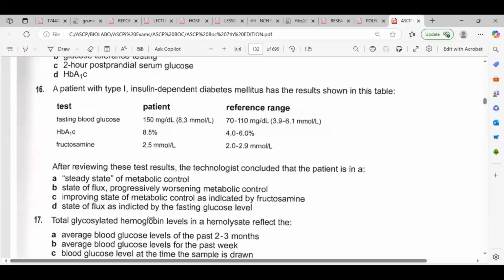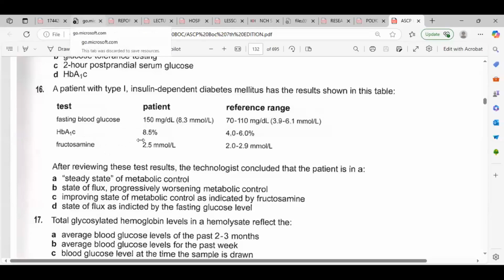Improving because why? Why do we say it is not steady but improving? It is because fructosamine reflects glucose level for 2 weeks time. So which means there is something improving in the 2 weeks, but not more than 2 weeks, because HbA1c is still high.